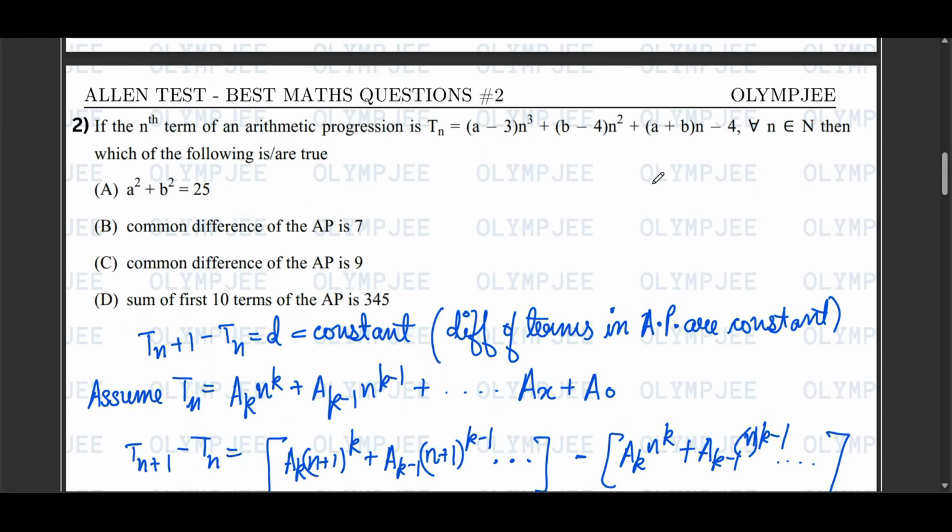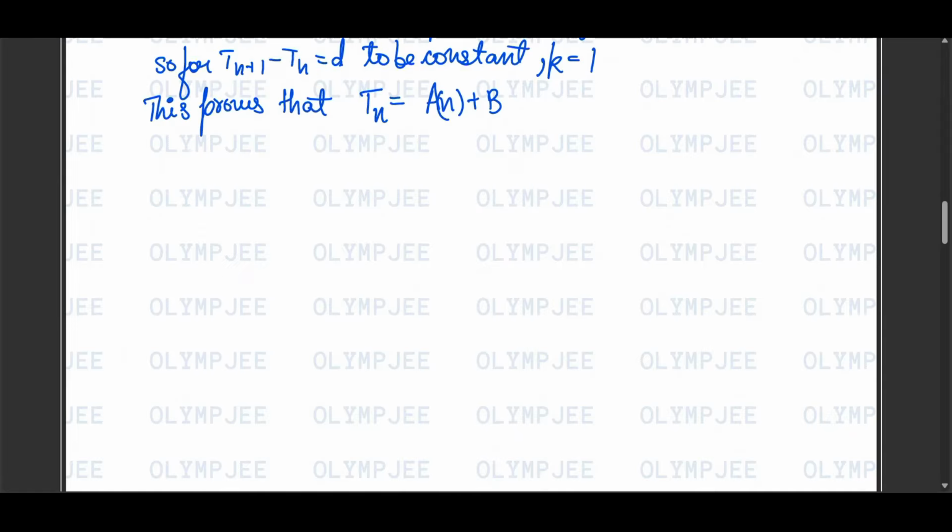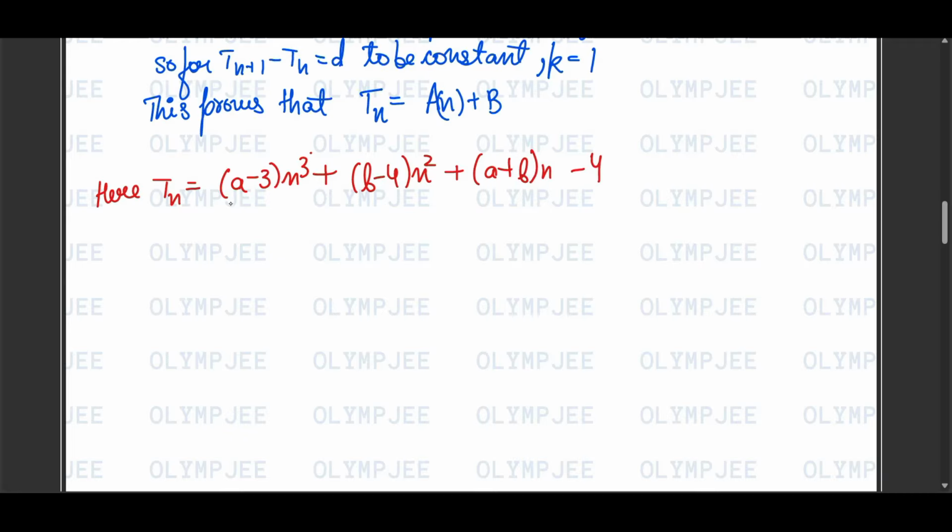So we get that here Tn is given as (a minus 3)n cube plus (b minus 4)n square plus (a plus b)n minus 4. So this should be 0 and this should be 0, which gives us a is equal to 3 and b is equal to 4, right?